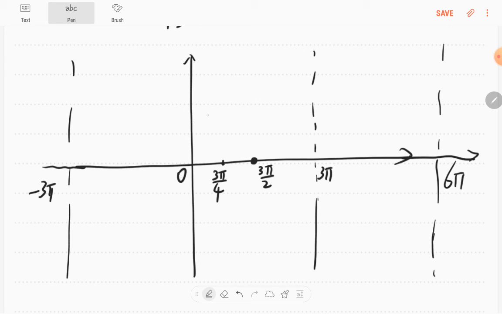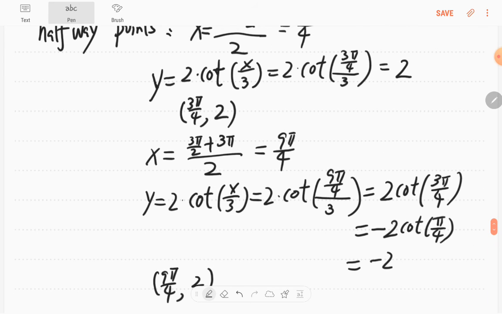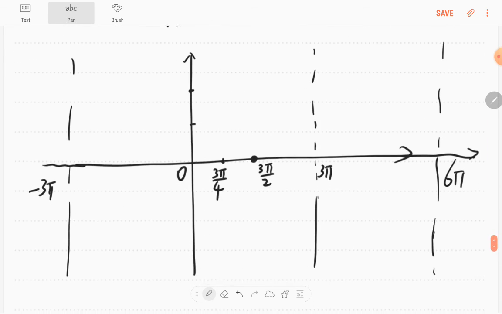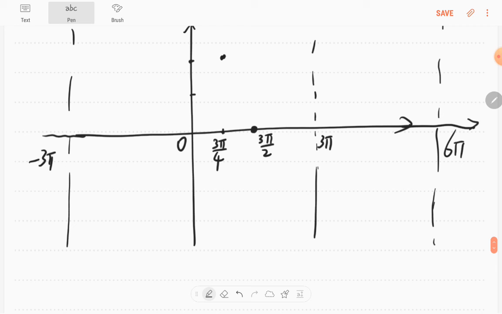Okay, 1, 2. Sorry, yes, it's equal to 2. So 1, 2 is here. And we have this one, which is 9 pi over 4. It's equal to negative 2. 1, 2, so it's here.